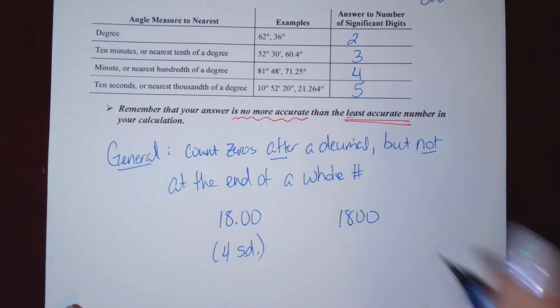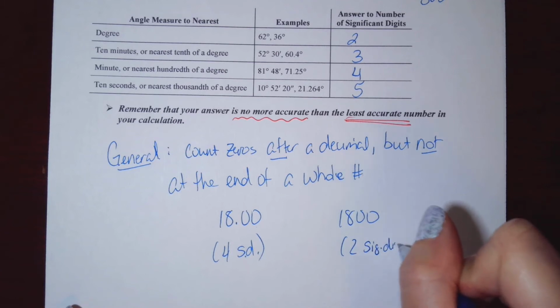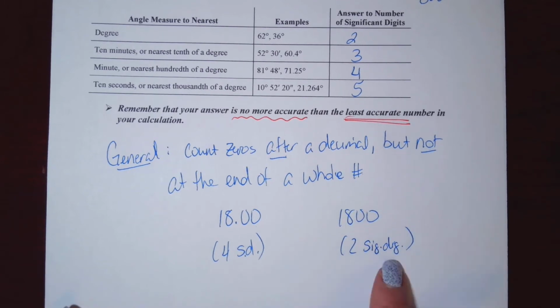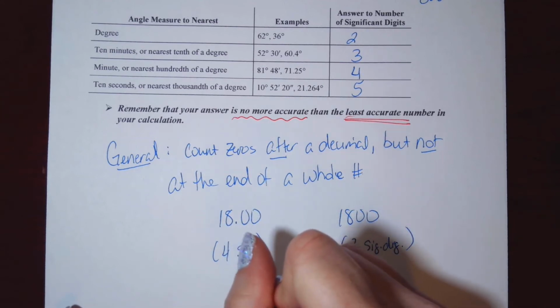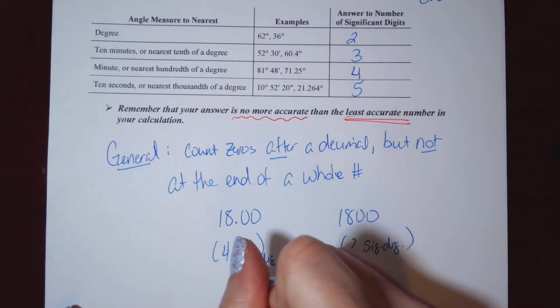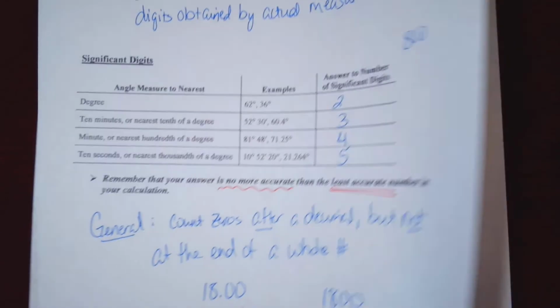If I have 1,800, that only gives me 2 significant digits, and I should have abbreviated that as significant digits. Let's change that to significant digits. Okay, let's look at the next page.